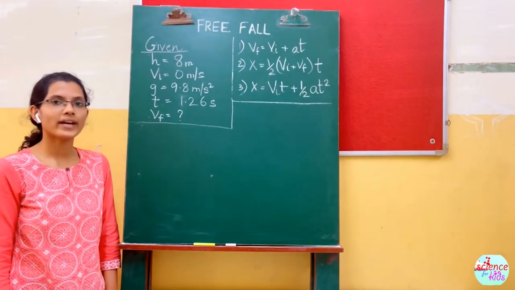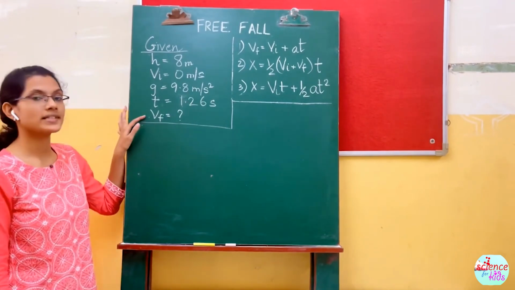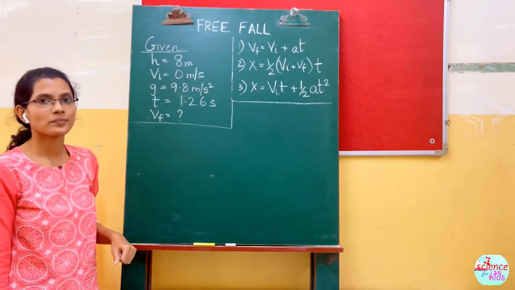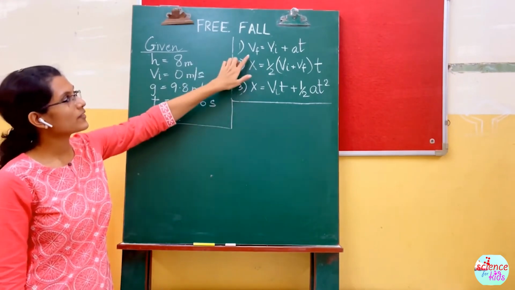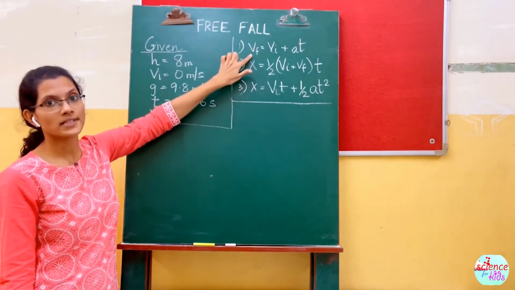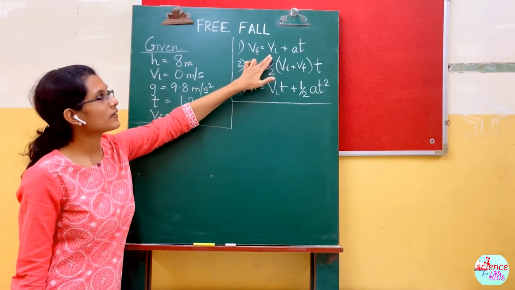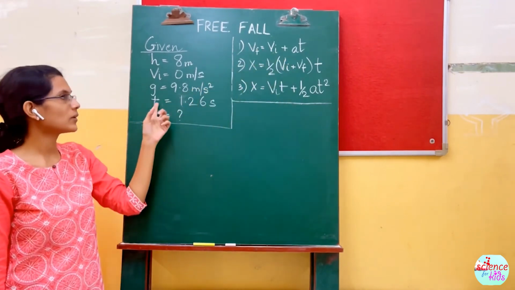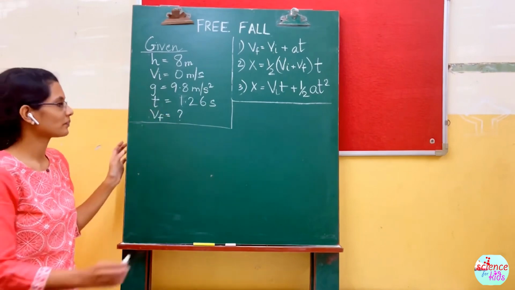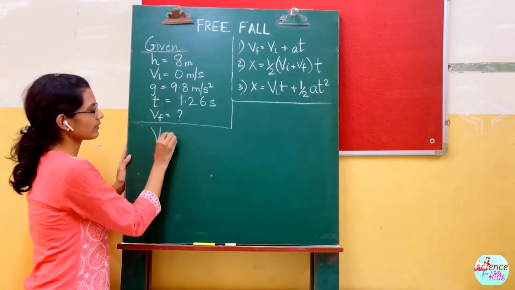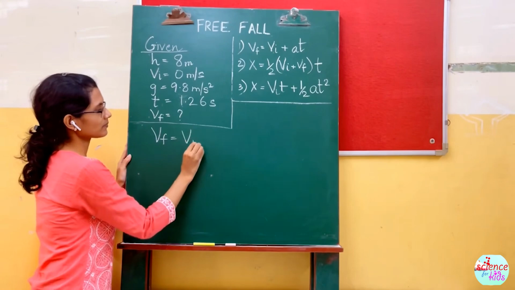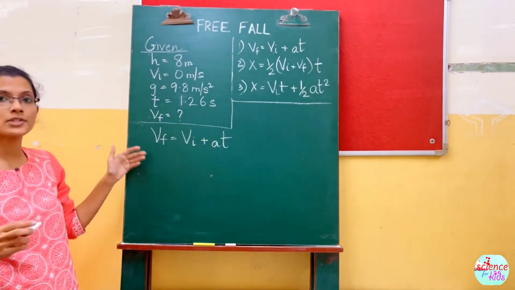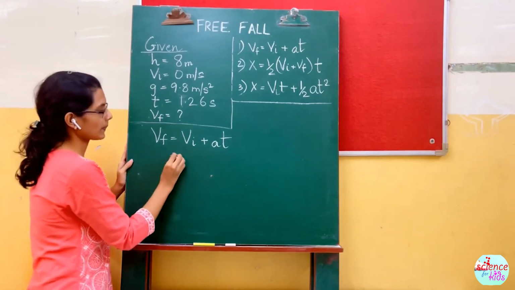Now we shall move ahead to find the final velocity. So which equation can we use? We can use the first one to find the final velocity, as we have the initial velocity, acceleration due to gravity, and we also found out the time. So I'll write the equation. We can substitute the values.